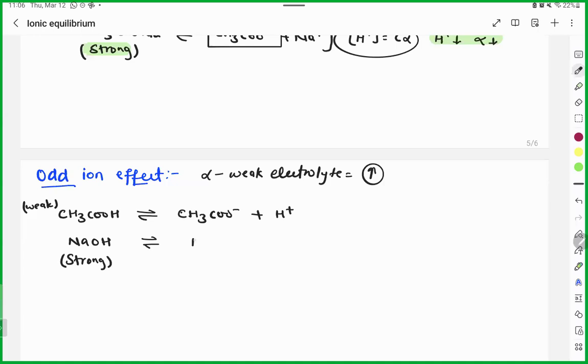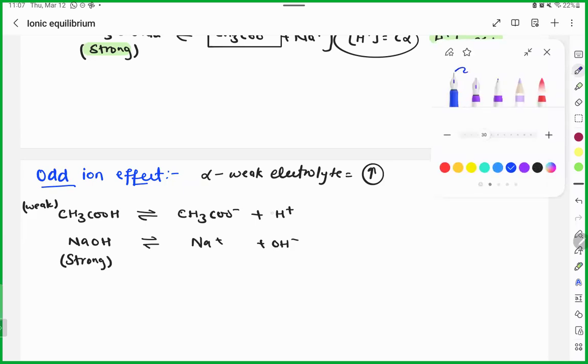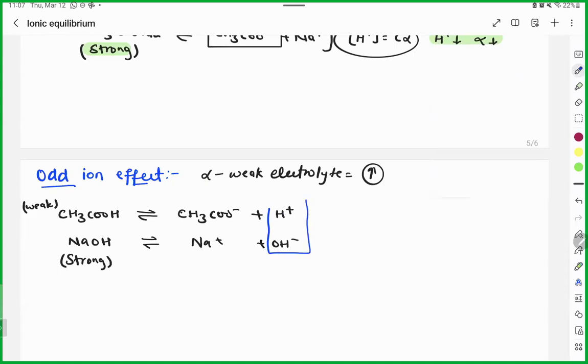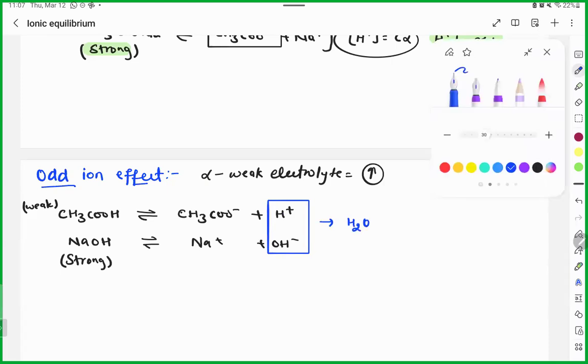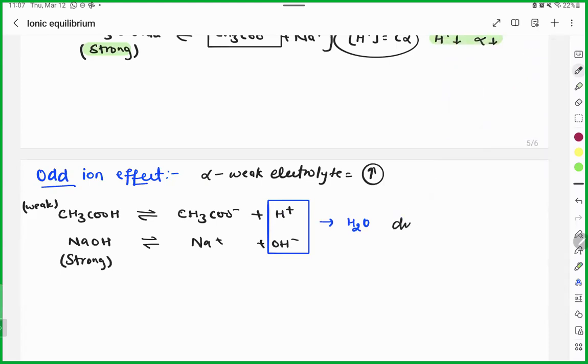So here you have Na positive and OH negative. What will happen? You don't have any common ion, but H positive and OH negative will combine with each other and form water. In this case, the water amount will increase. This is due to the odd ion effect.